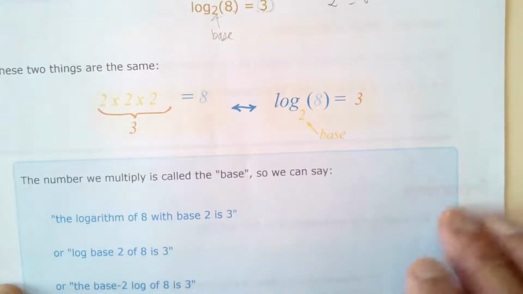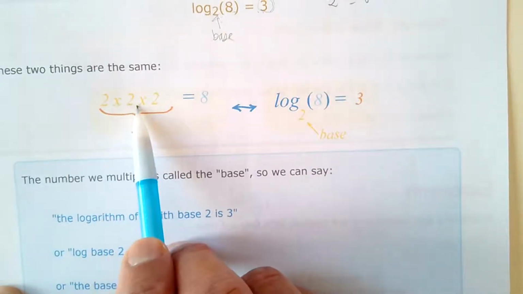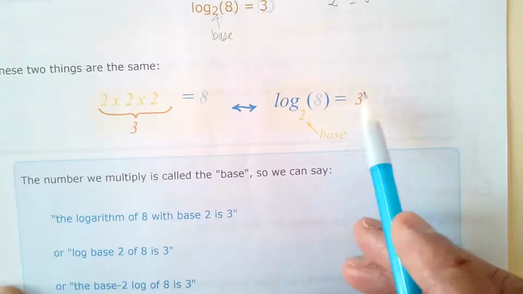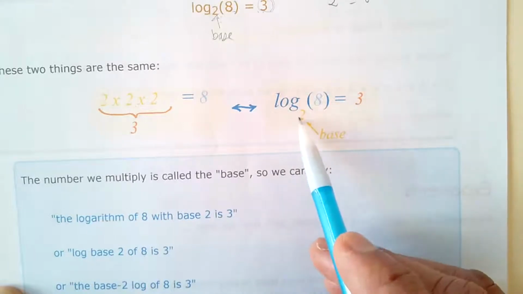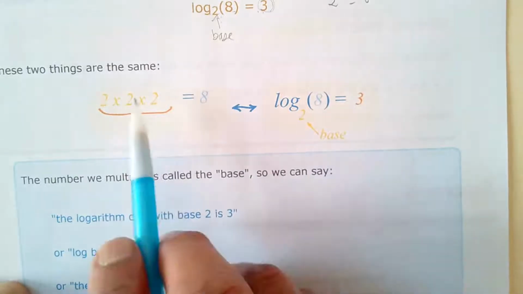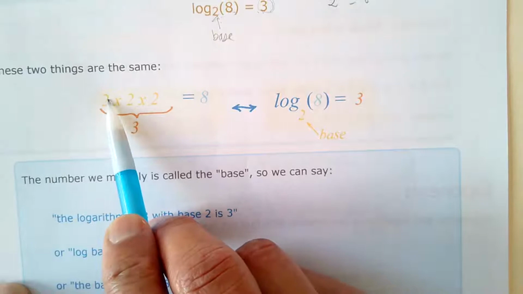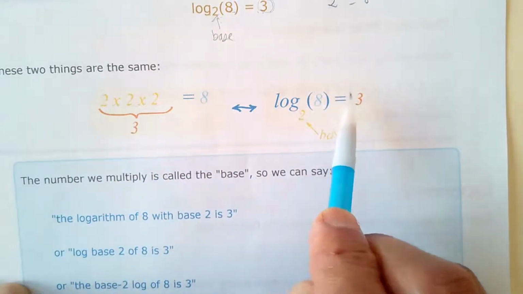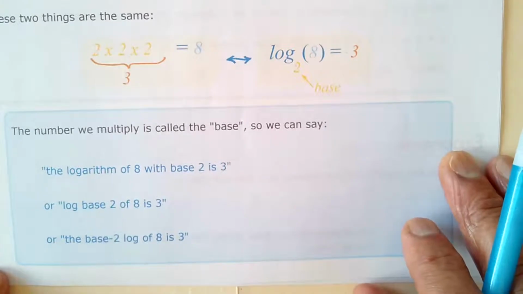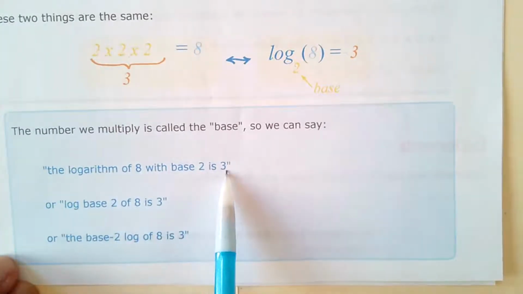So essentially, these two things are the same. What you have over here is 3, and here is log base 2 of 8, which gives us 3. The way we say that is the log of 8 with base 2 is 3.